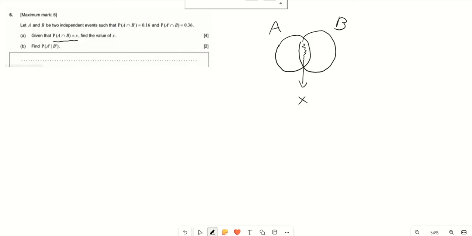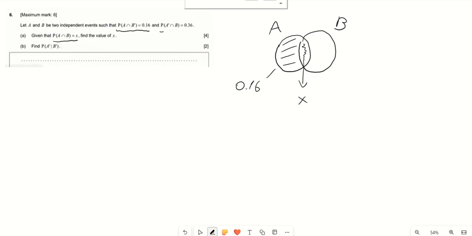Additionally, we have that the probability of the intersection of A and the complement of B. So this is everything that is A and not in B. So this is just this part, and this is 0.16.